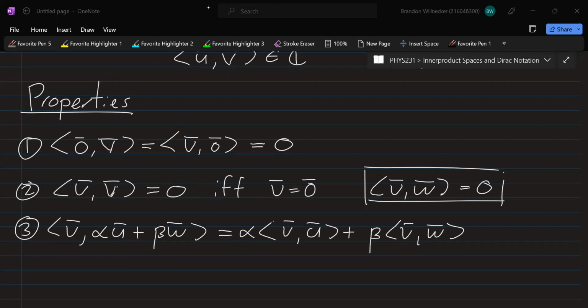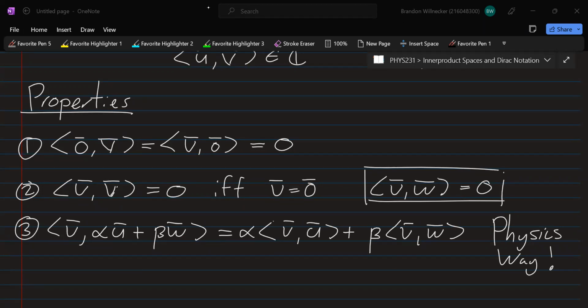Now, this is the physics way of doing things, where we have linearity in the second slot. If you are looking on Wikipedia, for example, or other online videos or maths notes, you may see that there's linearity in the first slot, not the second.